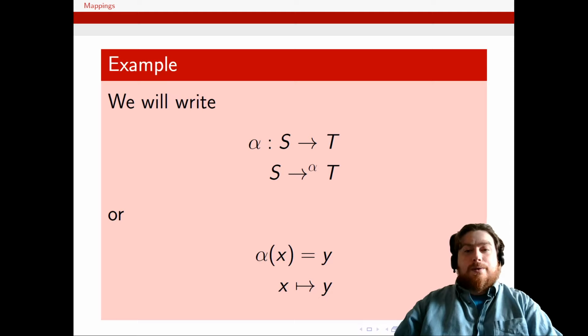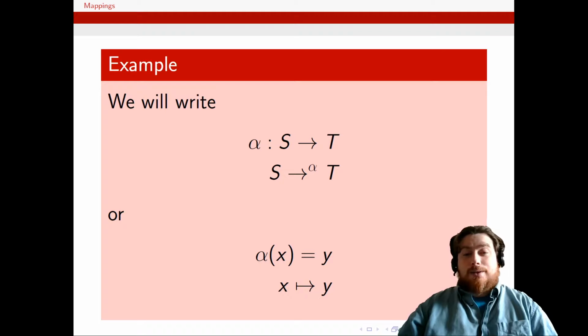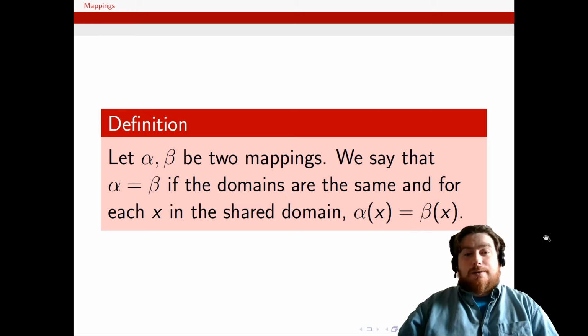I can write alpha colon S to T, which says alpha is a mapping from S to T. Or I can say something like alpha of x is equal to y, or I can say x maps to y. And that's what each of those actually says as we read them. And so we'll be using those at different times to say things like alpha is a mapping, or it's mapping x to y.